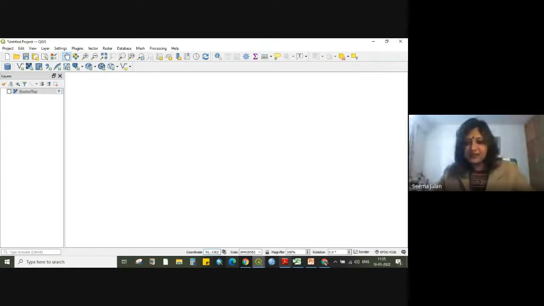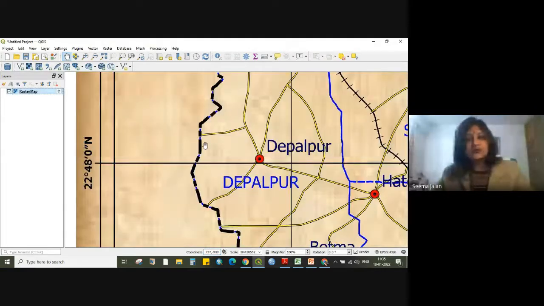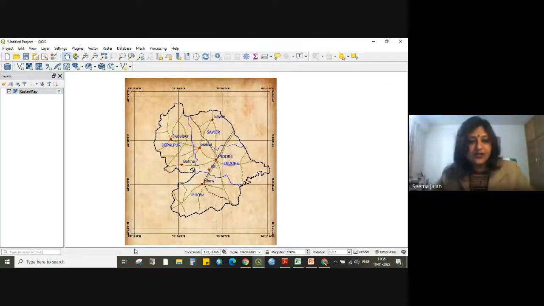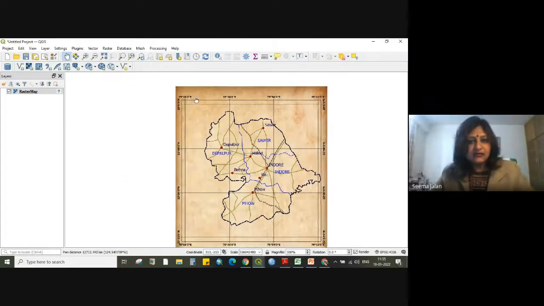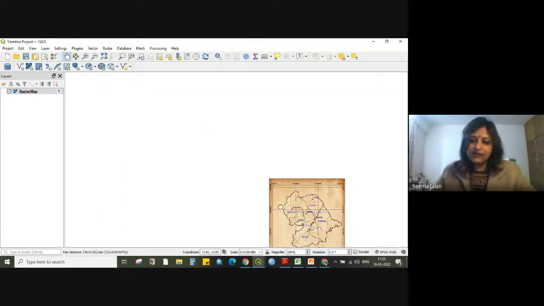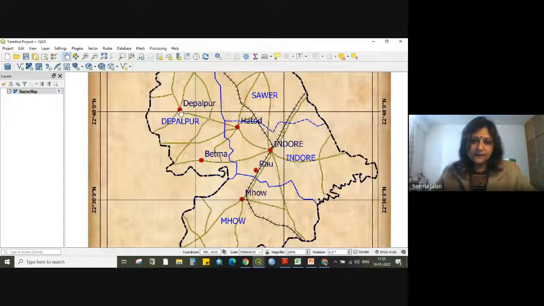So this entire space has its own coordinate system, but it is not the actual coordinate system, GCS or PCS, which you can see written on the map. These values are not being read by GIS by itself. So if I take my cursor anywhere here, I cannot actually read the real world coordinate locations of Depalpur or Sevar or Hathod or Betma.